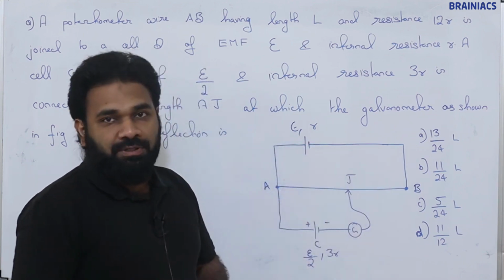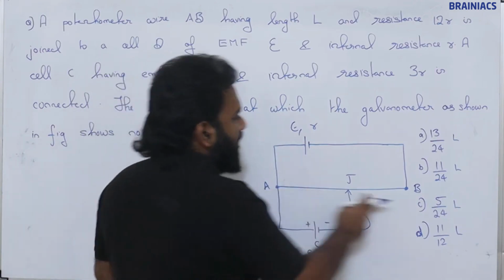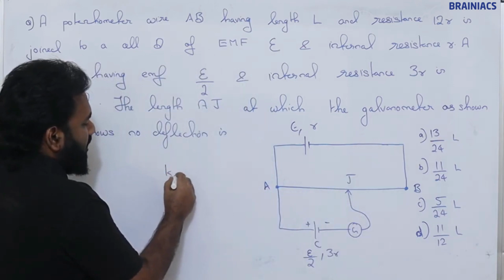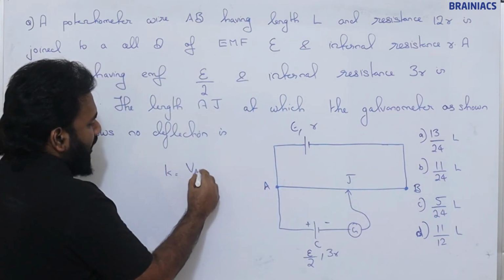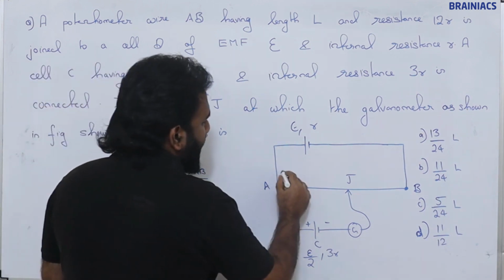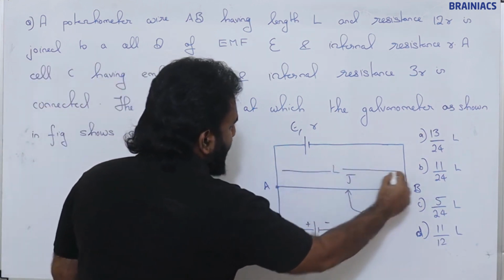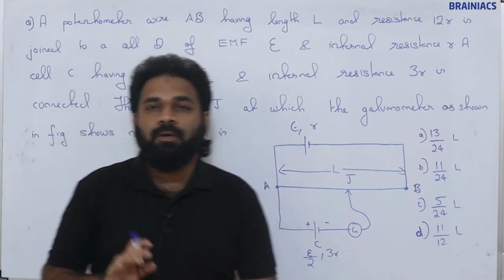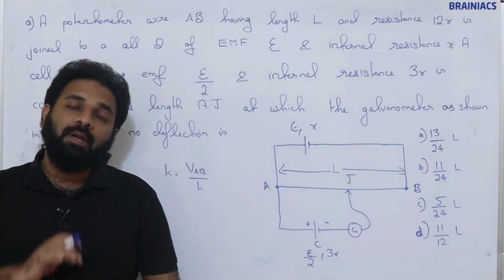What is potential gradient? Suppose this is AB, potential gradient is VAB divided by L. This length is L. That is voltage per unit length.